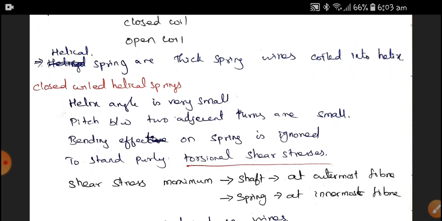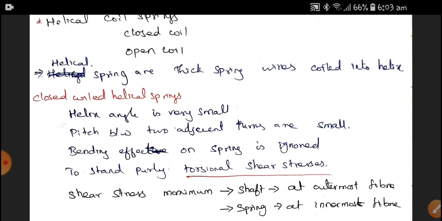Now we are interested in the closed coil helical spring. Closed coil means the helix angle is very small, and the pitch between two adjacent turns is small. In an open coil spring, the helix angle is somewhat larger and the pitch between two adjacent turns is larger.